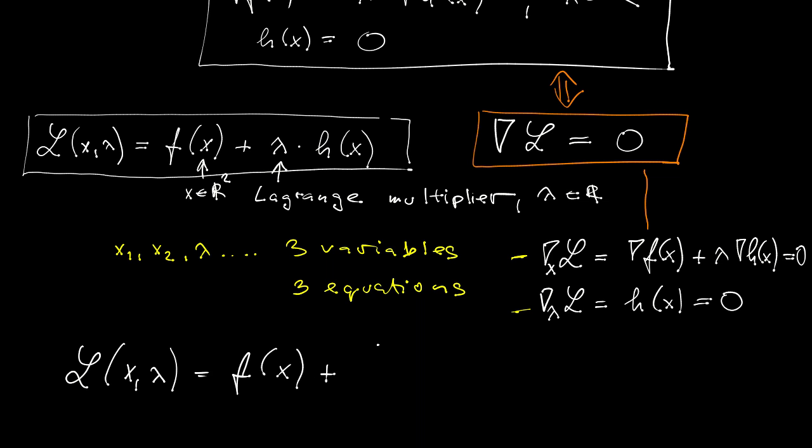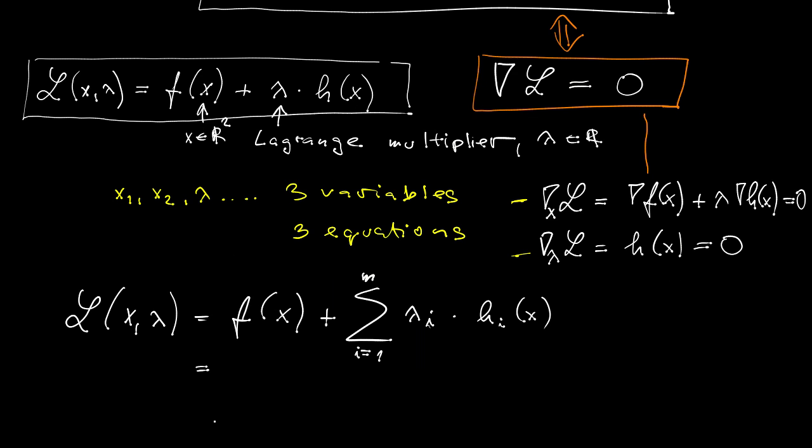I can either write it using the summation symbol as this, or I can use the compact matrix-vector notation and write it like this.